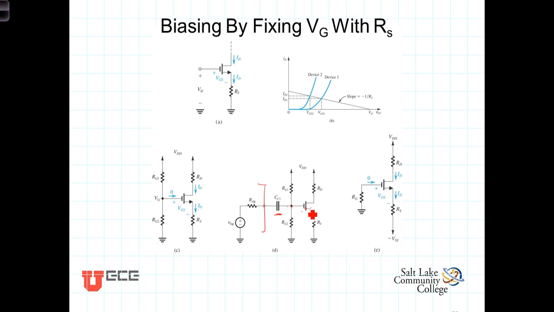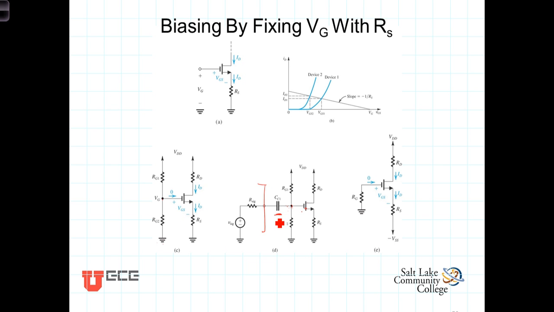Let's say that again. Any DC component that might be present in either the signal coming in that we want to amplify or introduced by a previous stage would have the effect of changing our DC bias. It would potentially move V sub G. So a coupling capacitor is placed right ahead of the amplifier stage to remove any DC component.